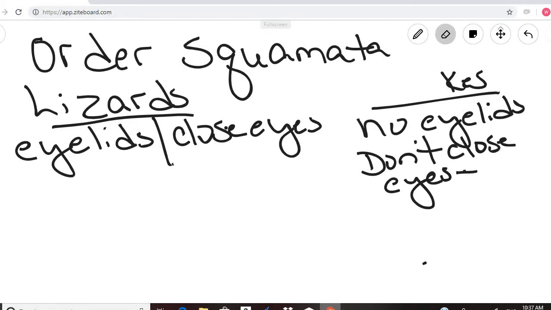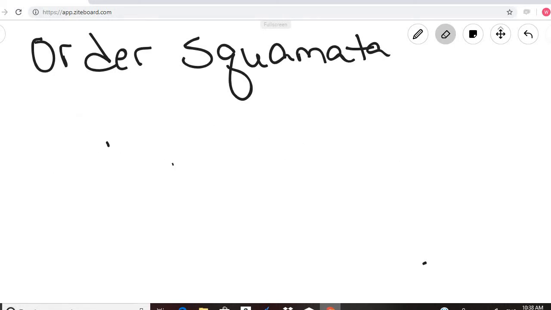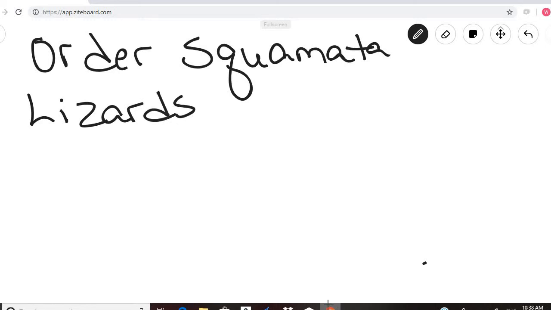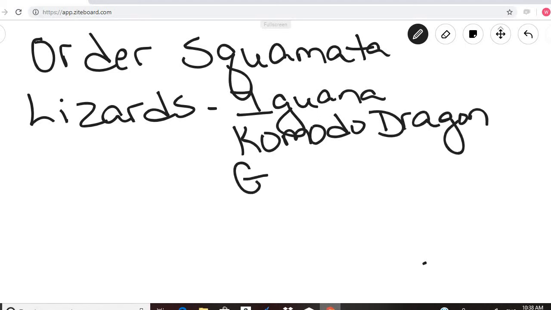Let's concentrate on a few more things about the lizards, and then we'll do a few more things specifically about the snake. Okay, so some examples of lizards are an iguana, Komodo dragon, and some of you have probably seen a gecko.